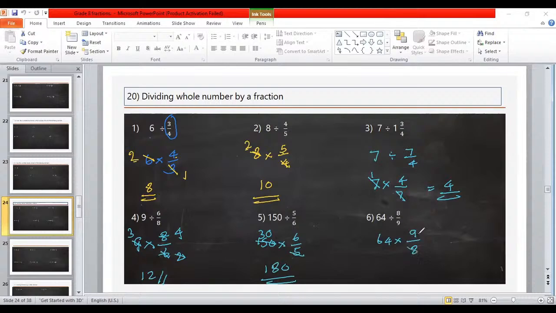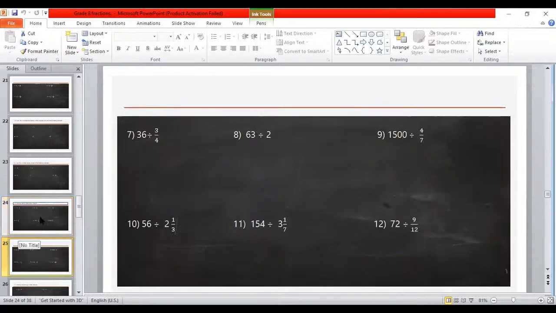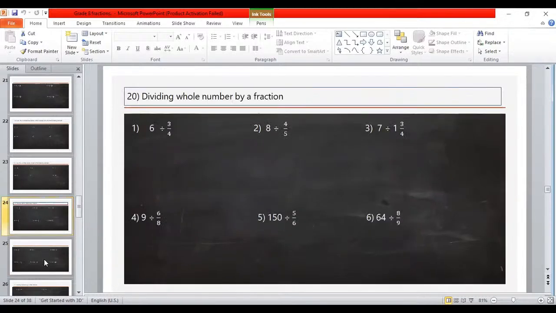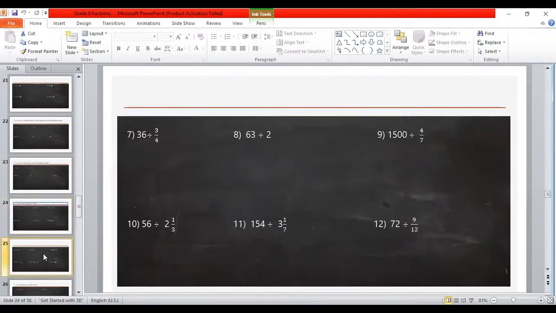64 multiplied by 9 over 8. 9 over the line, 8. How many 8's for 64? 8. 8 times 9, 72 is the answer here. Next one.